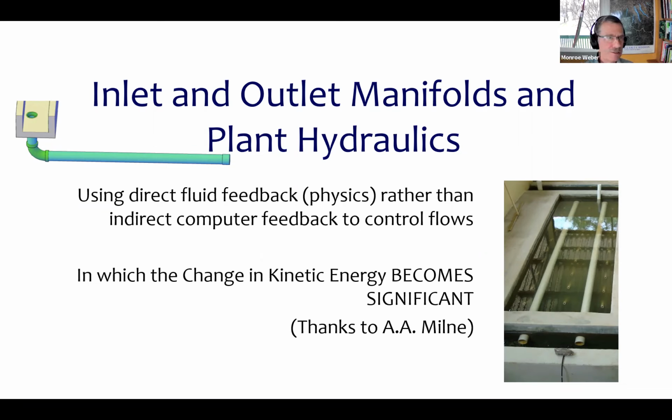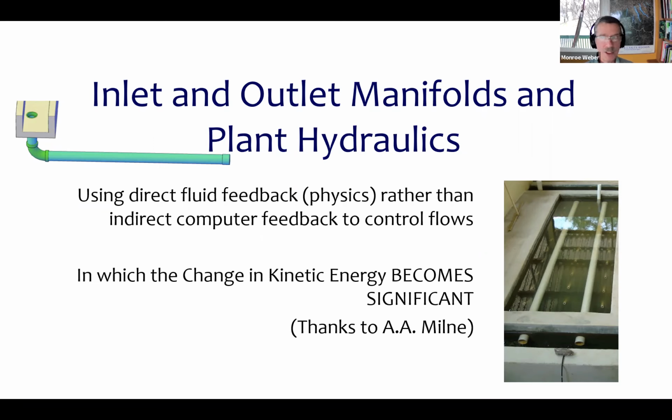I'm going to try to avoid going through all the equations because I feel like that doesn't connect very well, but there is a chapter in the textbook that you can use for resources if, as you go out in your career, you run into this issue of how do you get uniform flow distribution between multiple paths. Come to the textbook.